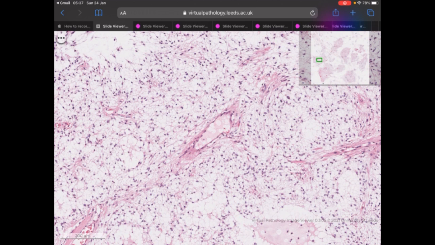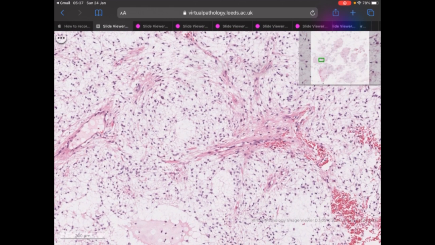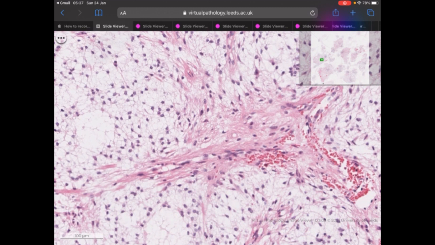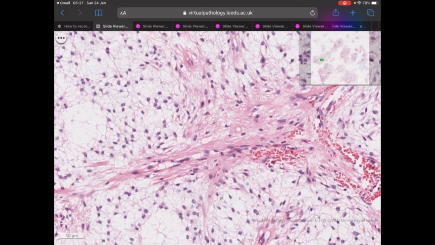This is a hyalinized blood vessel, and this area is mainly composed of the microcystic loose area. At the center is an alternating compact area, in which the cells are more spindle and elongated. This is what we call a piloid cell, compared to the cells in the microcystic area.